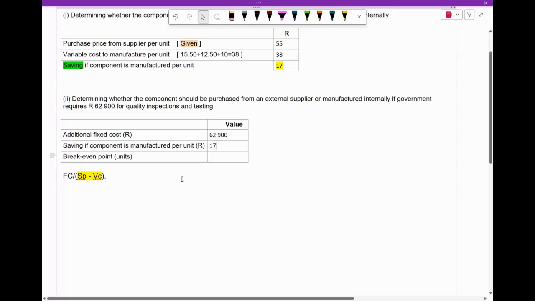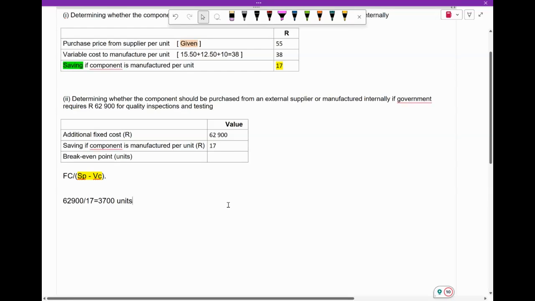So this fixed cost of 62,900 divided by 17 rand gives us what? This is the break even in units, isn't it? So this is 3,700 units of the component, right?